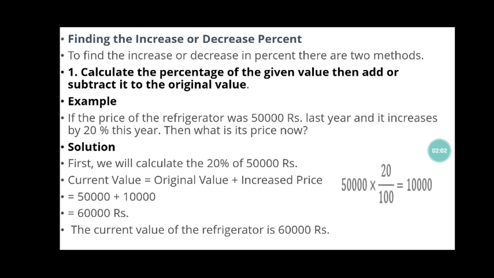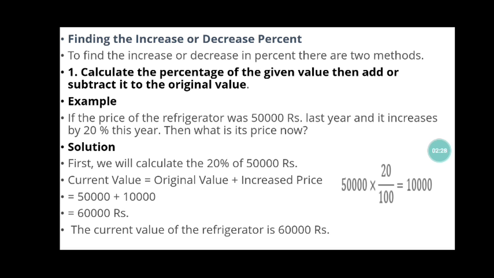So we have to find the increase by calculating the percentage. First we have to calculate 20% of 50,000. So how will we calculate? We will calculate like this: 20 by 100 into 50,000. Then we will get 10,000, right?